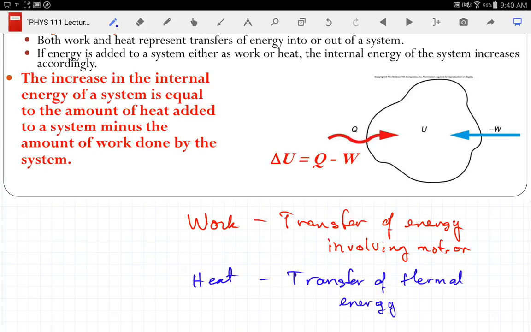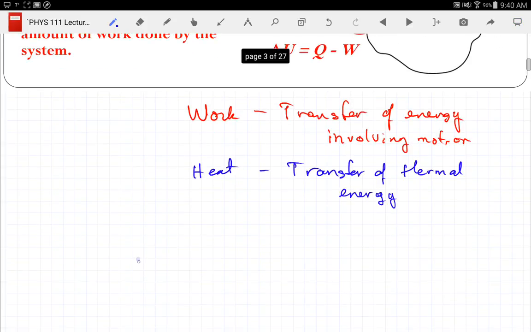So when you have light shine on you and it warms you up, that's a heating process because there's no motion involved. And so that first law of thermodynamics, saying energy can't be created or destroyed, we say the change in internal energy, delta means the change in, has to be the sum of those two.